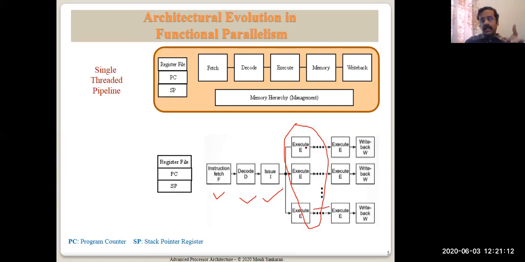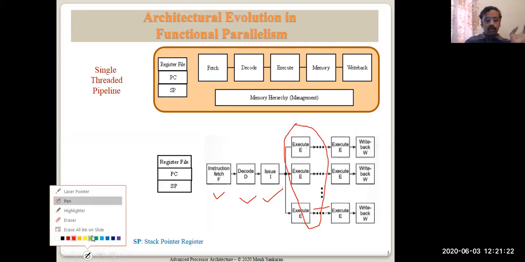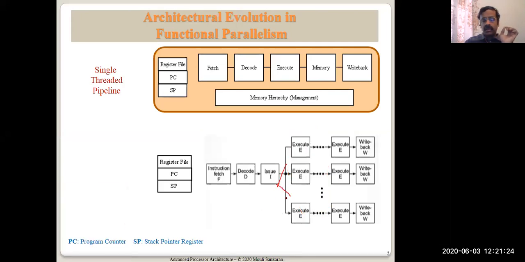Because each of those execution units may take different cycles to complete based on which instruction is running on them. Now, what is the issue stage? It issues the instructions on them. And it also makes sure before running those instructions that there are no dependencies. All the operands are given and the execution units can start executing the instruction.